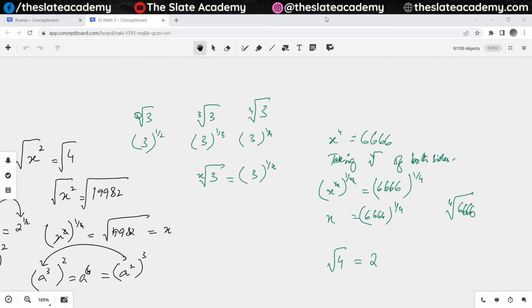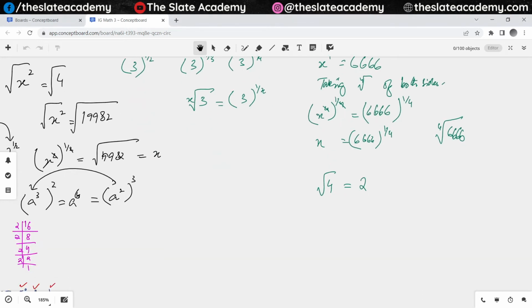So what is the answer of square root? Any number which I square so it gives back the same number, right? And why is the answer of root 4 equal to 2? Because if I write 2 squared raised to the power 1 over 2, this power cancels this, so it leaves 2 to the power 1. That is why the answer of root 4 is 2.